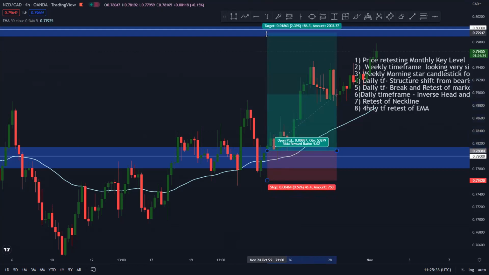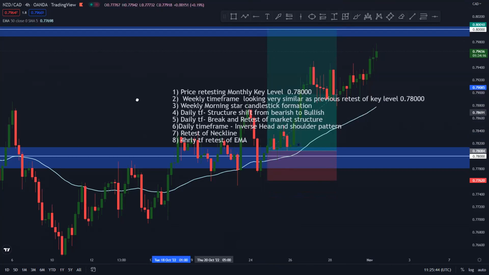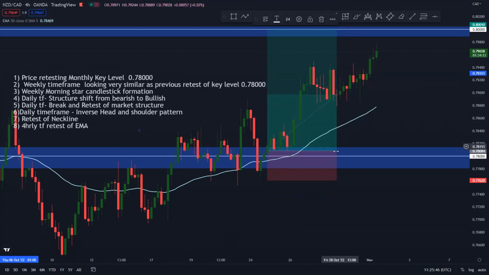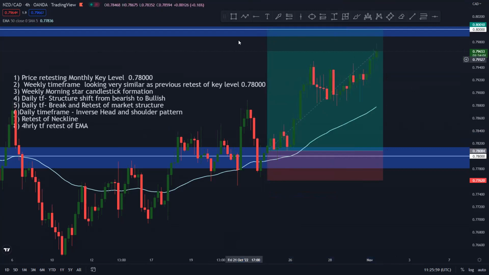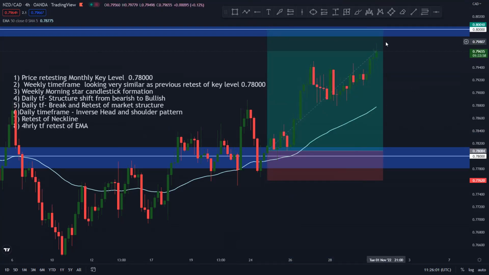And then, like I said, from the monthly and weekly time frame, we're looking to target the previous weekly market structure, which was previously a weekly support, and then we had a break of the support. Now we're expecting the level to act as a weekly resistance.